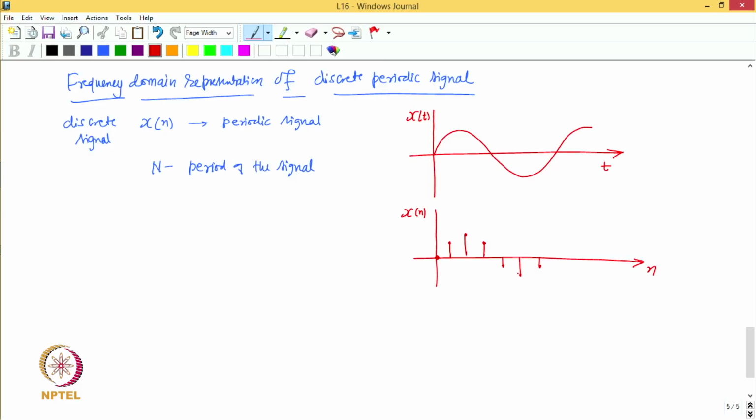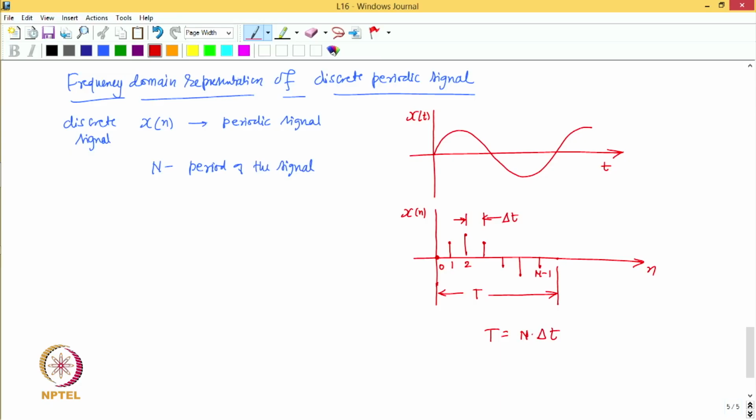So, we have this, say, the sample 0, then 1, 2, and then this goes up to n minus 1. And the time interval between every two consecutive samples is basically delta t, and the time period of the signal is t. So, we see that t is basically equal to n into delta t.